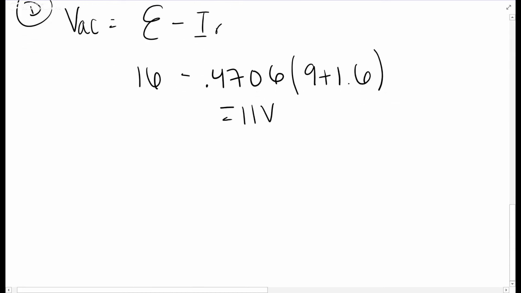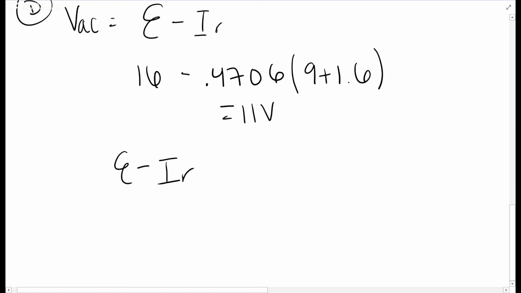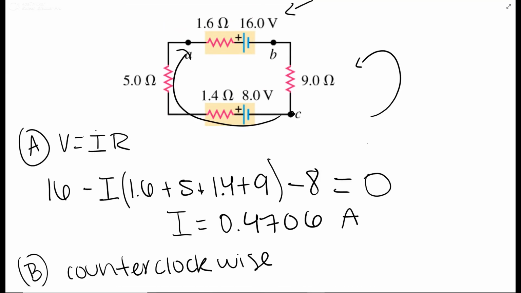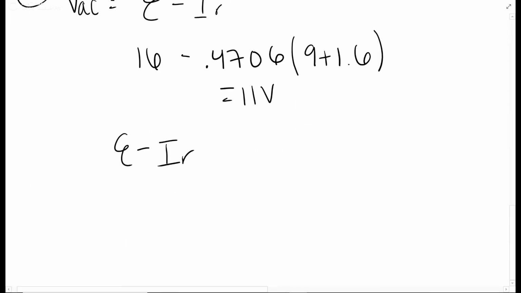Now, like I said, you can also go the opposite direction, as in, you can go C to A in this way. But in order to do this, you have to change the signs. So normally, when you're adding up the 8 volts in our counterclockwise direction, you say this is negative. But since you're switching directions, you actually have to say that is positive. And also, you know how you normally subtract all the resistances? Now you have to add them.